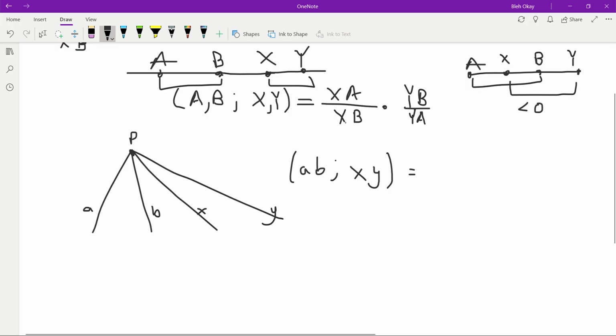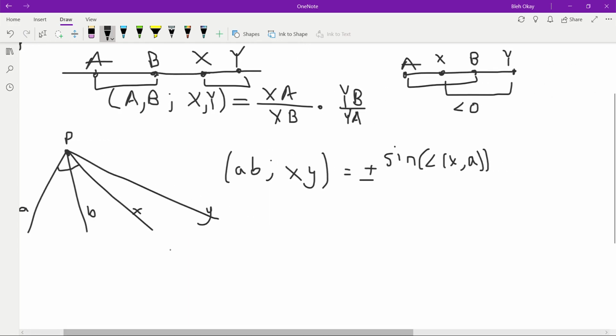But instead of using these distances, we use sines of angles between X and A, X and B, Y and B, and Y and A. So here, this angle here, I'll call that the angle of X and A. And since we're taking sines, it doesn't matter whether we use this acute angle or the obtuse angle, right?